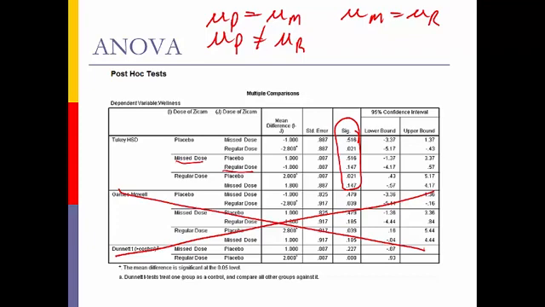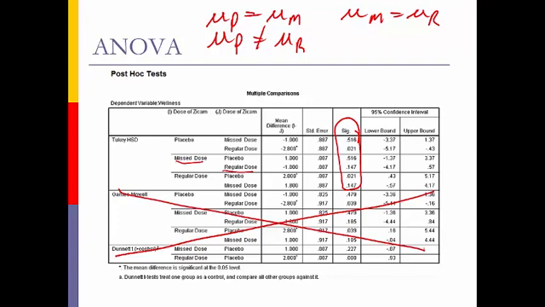Alright, so comparing the experimental groups to the placebo group, it looks like the placebo has a mean of 2.2, so we can say that taking the regular dose is actually better than taking the placebo. But missing a dose and taking the regular dose are the same, but taking the missed dose is the same as taking the placebo. So essentially the only thing that's important is you either take nothing or you should take something, and it seems like you should take something, but it should be at a regular dosage.